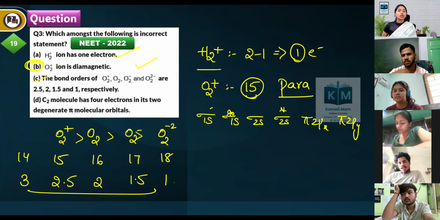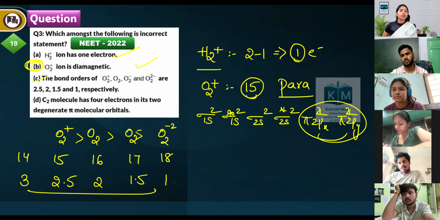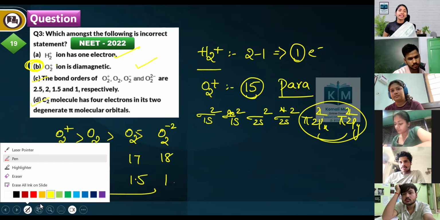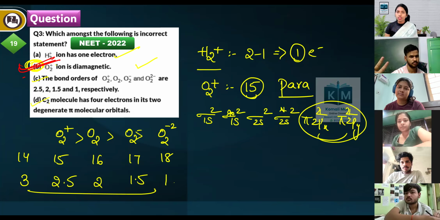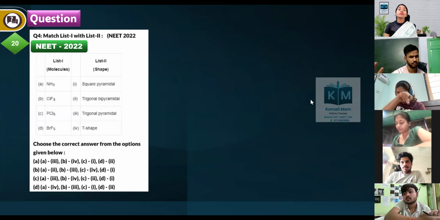Now how many? 2 plus 2, 4, 4 plus 2, 6, 6 plus 2, 8, 9, 10, 11, 12. So it has a total of 4 electrons in its pi molecular orbitals. This is also correct. So what is the incorrect statement? O2 plus is diamagnetic, which is wrong, it is paramagnetic.